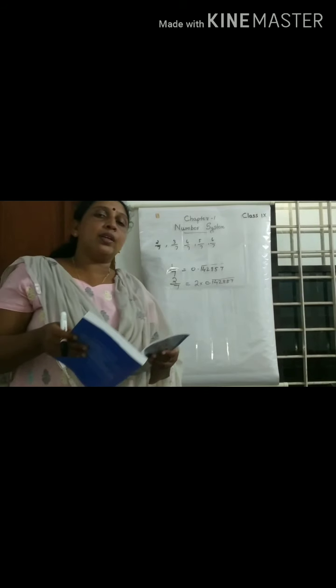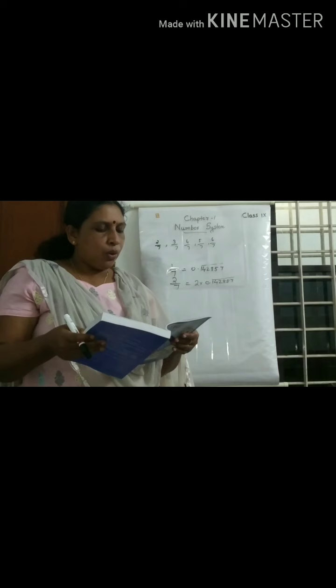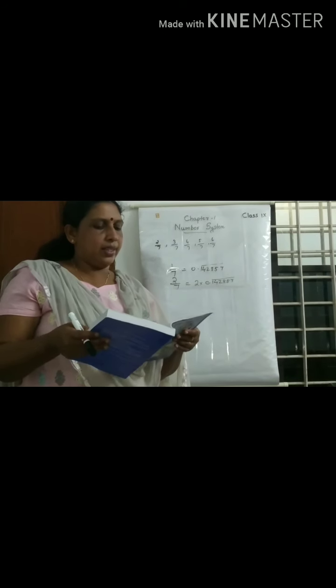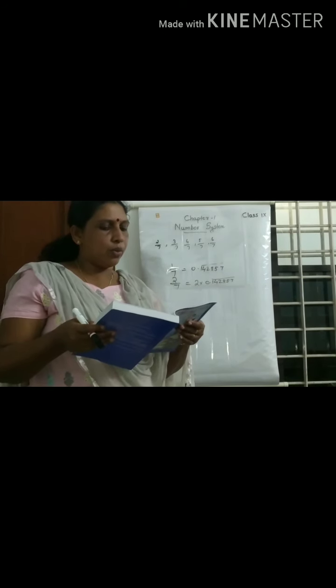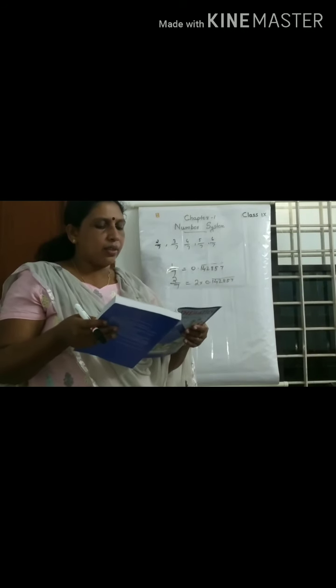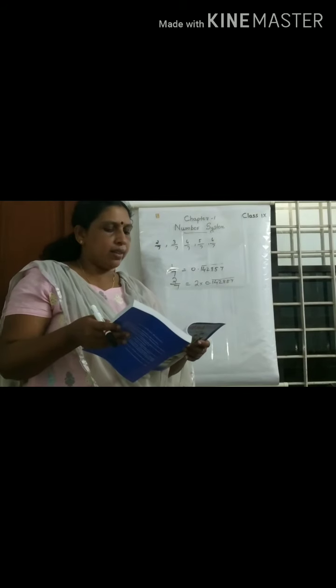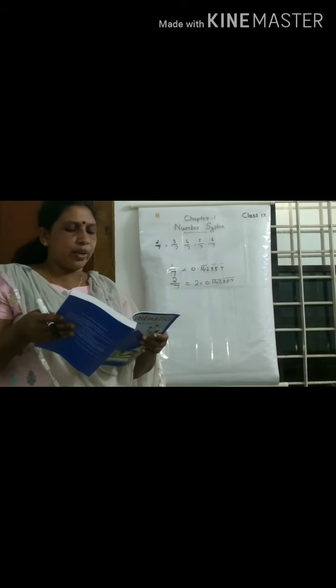Then we can do another question. I will read the question. You know that 1/7 is equal to 0.142857. Can you predict the decimal expansion of 2/7, 3/7, 4/7, 5/7, 6/7 without actually doing the long division?